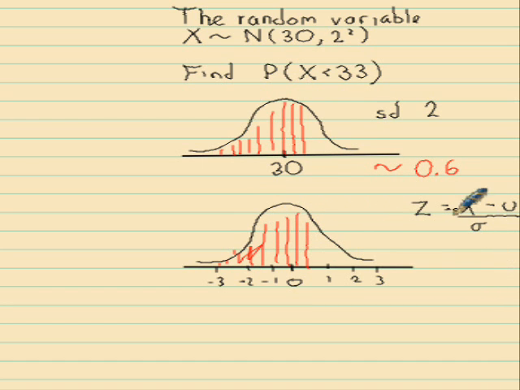So here, what I've been asked for, this point here is 33, is the value that I'm actually interested in, the X value. So we're going to have 33 minus the mean, which was 30, divided by the standard deviation, which is 2. And so I find that we get 1.5.